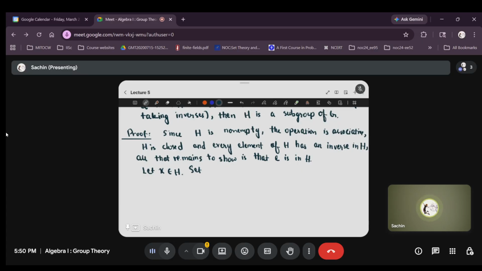We'll write: okay, let X be in H. Then X inverse is in H because every element of H has an inverse. Then X times X inverse is in H because H is closed. But X times X inverse is E. So E is in H.